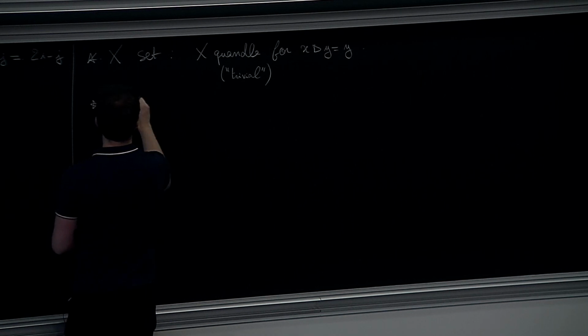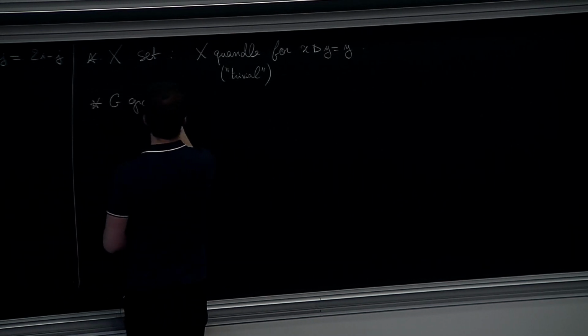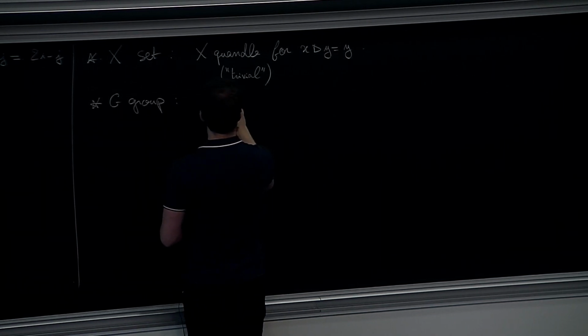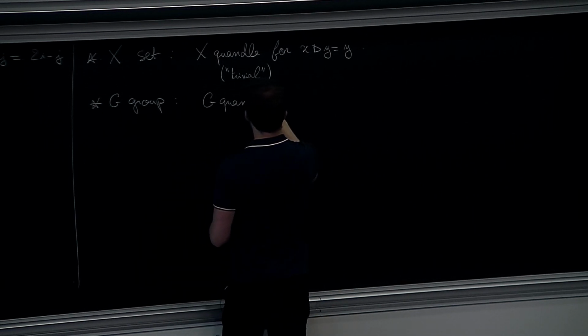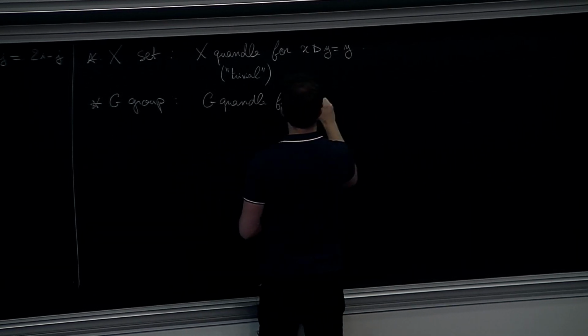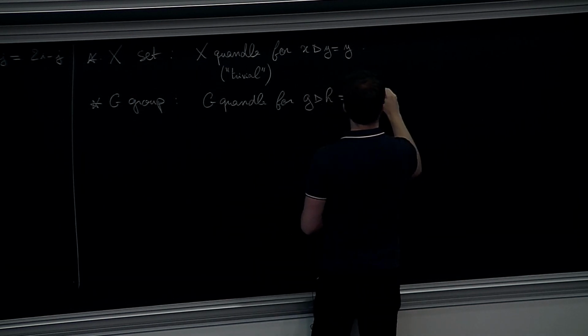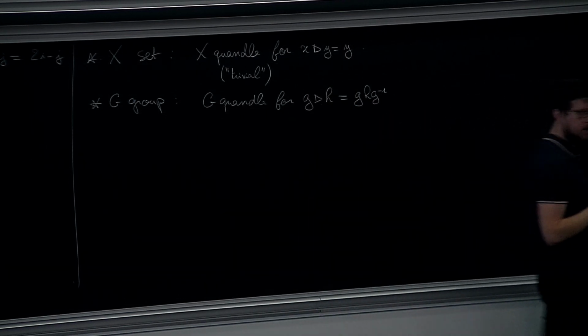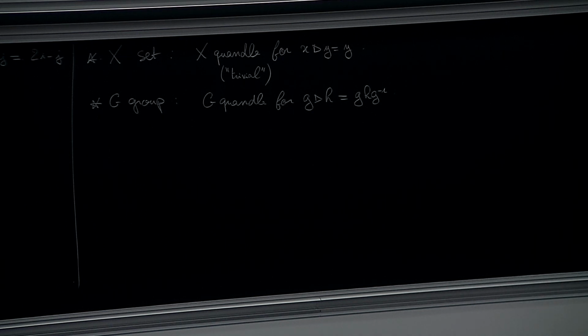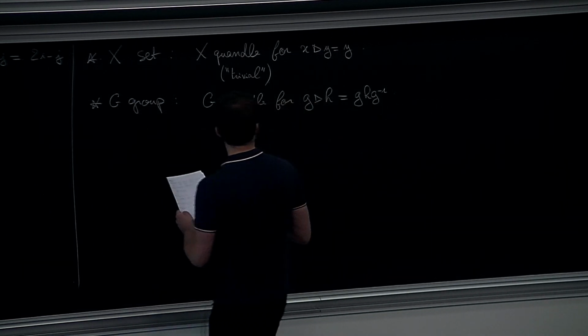If G is a group, then you can see it as a quandle for the law where G acts on H by conjugation, like this. And actually, if there are groups in what follows, they will always be endowed with this quandle law if I want to consider them as quandles.